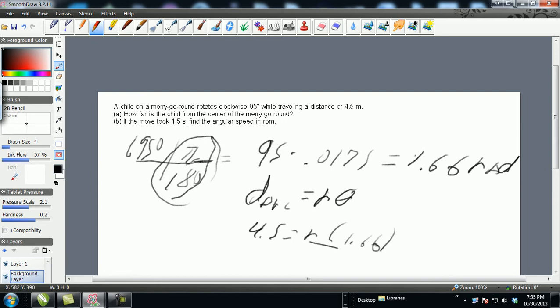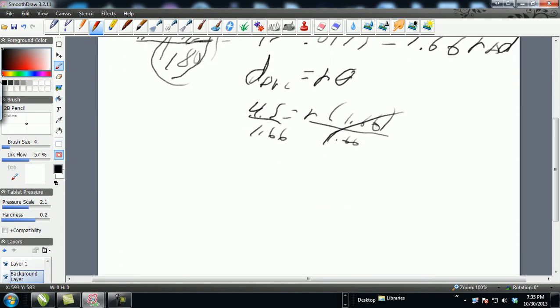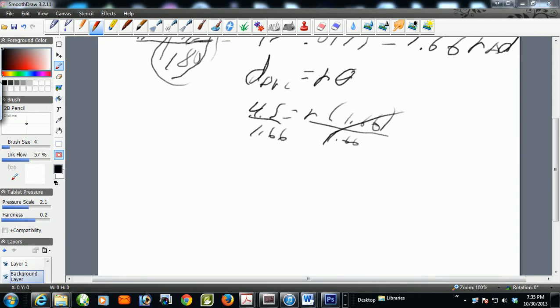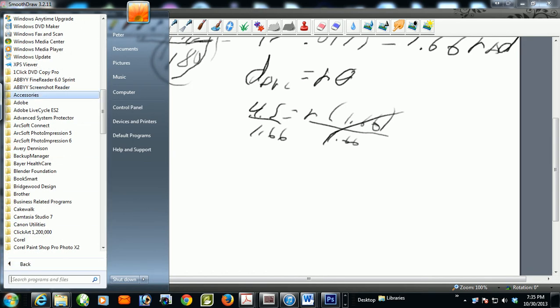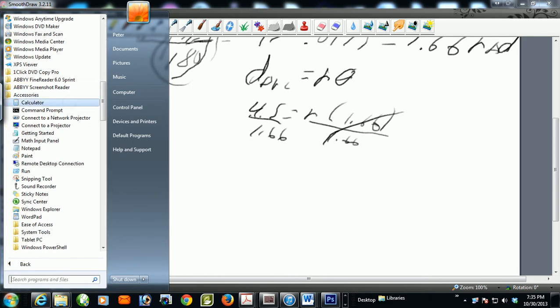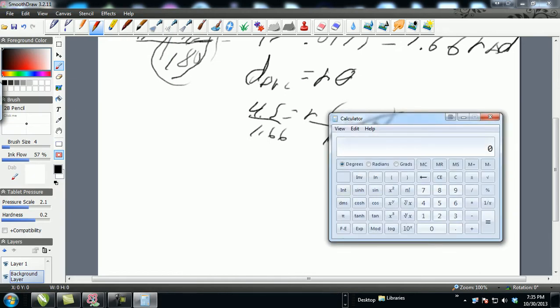Divide by 1.66, divide by 1.66. My r turns out to be, handy dandy calculator, my r. Why do I keep killing the calculator? I don't know, because I'm a goober, but not my favorite goober.